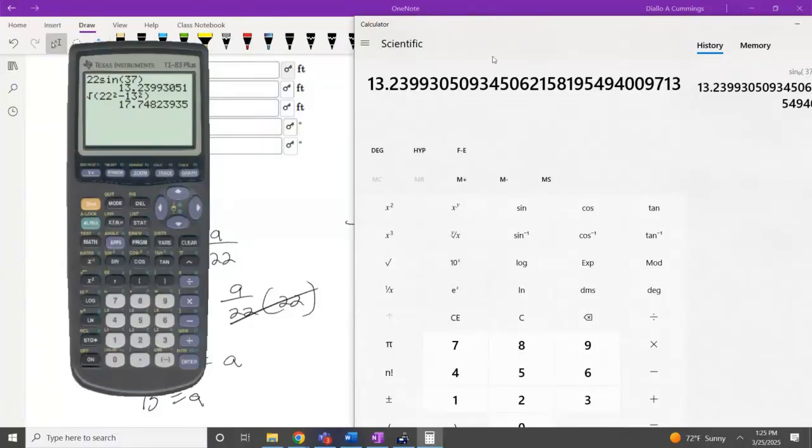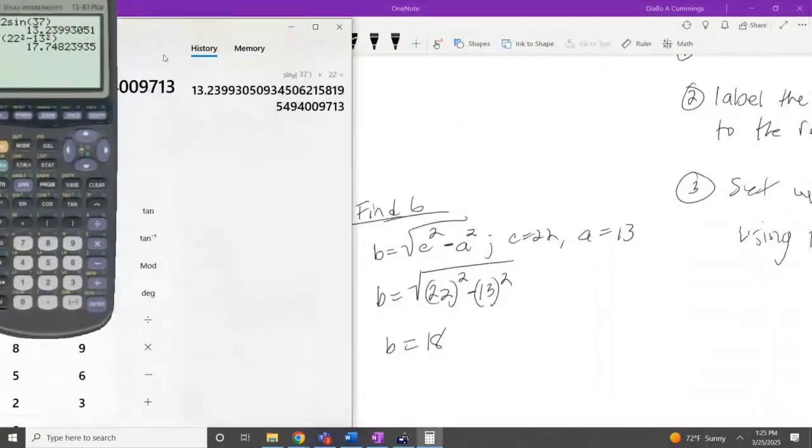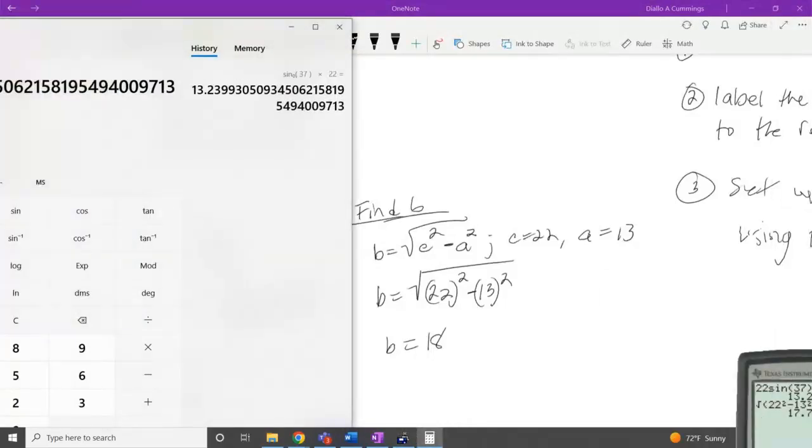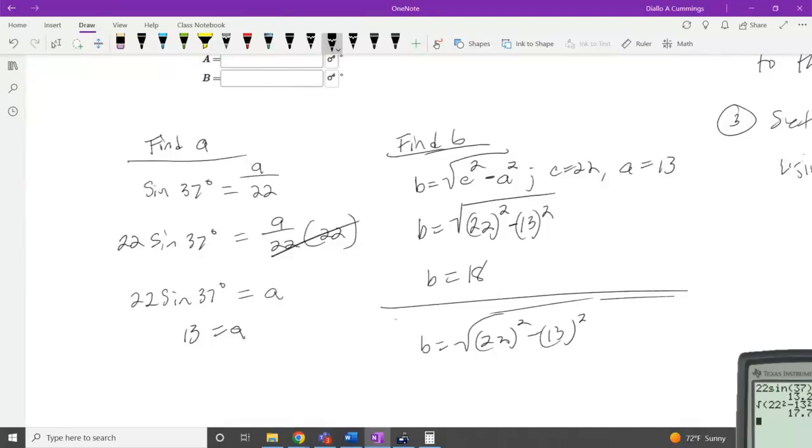I would do this in parts. I would actually write it all out. So just to do a quick example of that, B is equal to the square root of 22 squared minus 13 squared. Like I said, a lot of this stuff depends on your calculator.